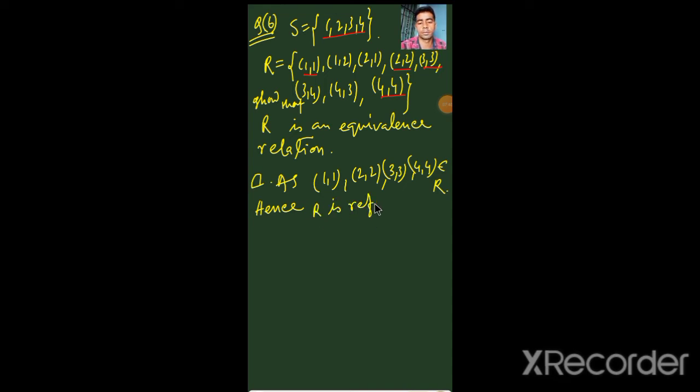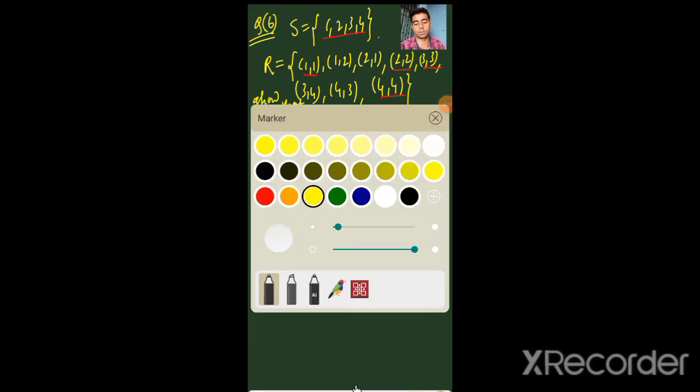Now symmetric. To check the symmetry, (1,2) belongs to R.